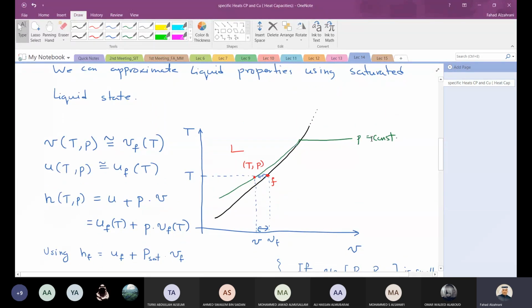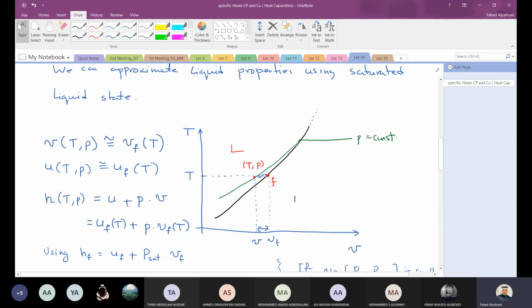Why? Because at the constant pressure lines in a T-v diagram, the compressed liquid lines are actually quite close, most of the time, to the saturated liquid data.